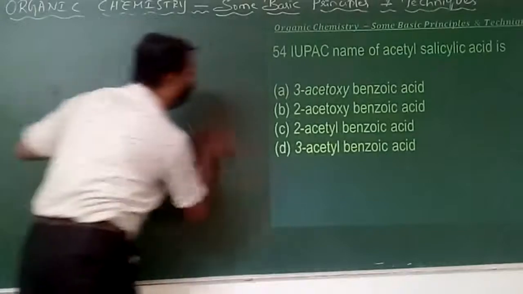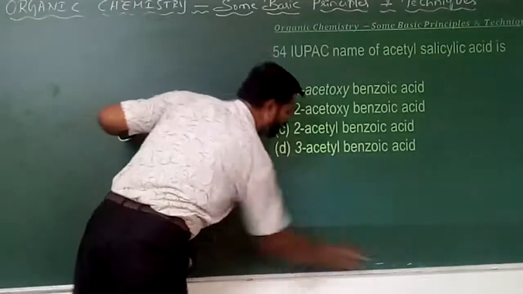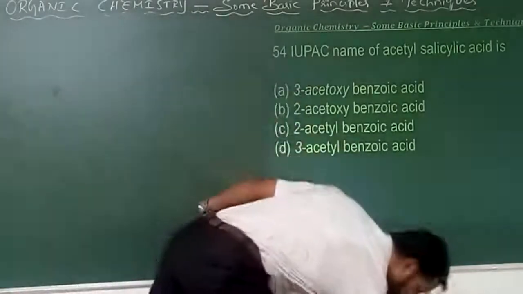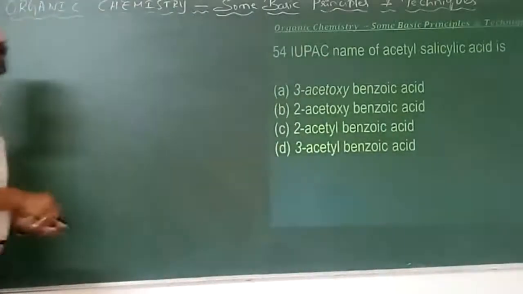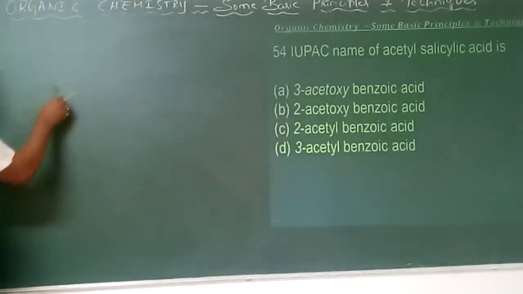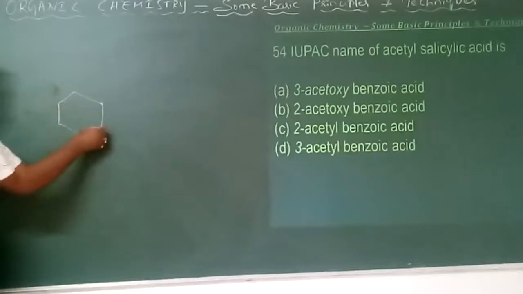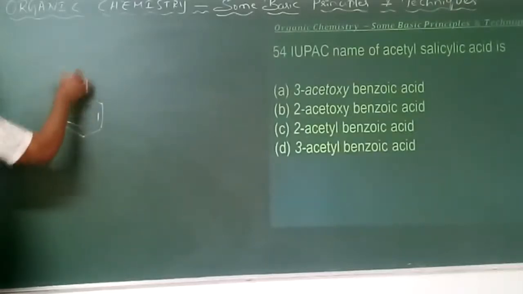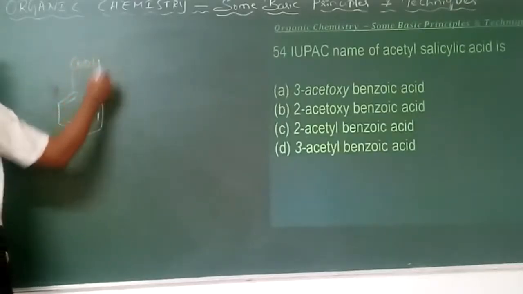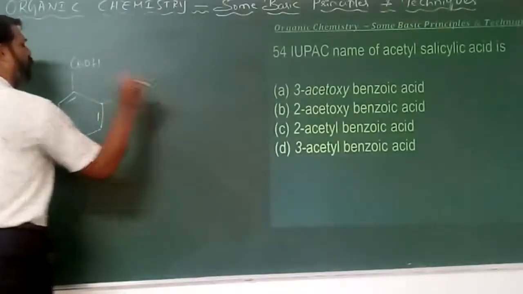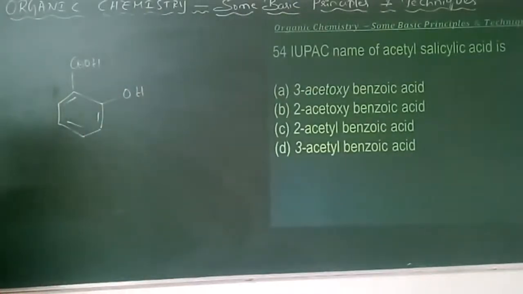What is the IUPAC name of the compound called acetyl salicylic acid? This is first called benzoic acid. Ortho-hydroxy benzoic acid is called salicylic acid. But here it is acetyl salicylic acid.